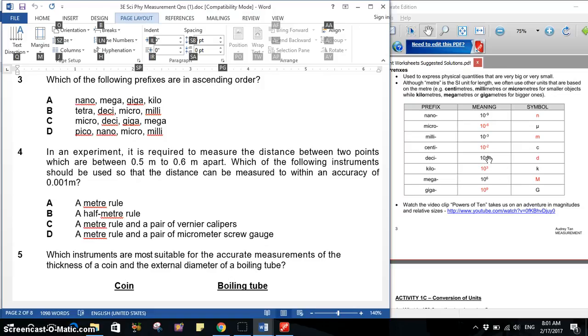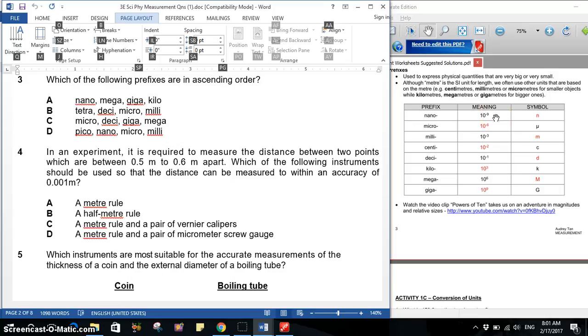Yes, good. Giga, which is power 9, and then we kill it by having mega at the last part, which gives us descending order. Finally, pico is not something you have learned, but nano is something that you know, -9.